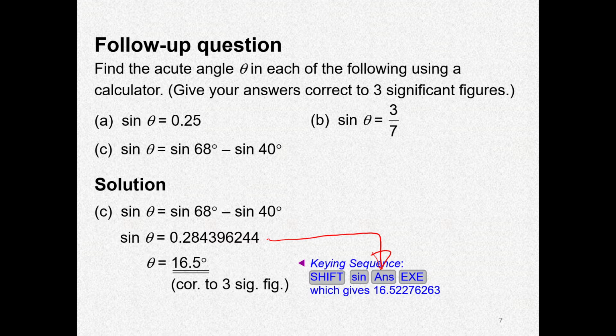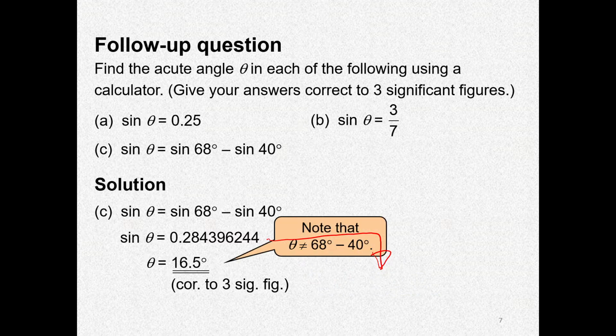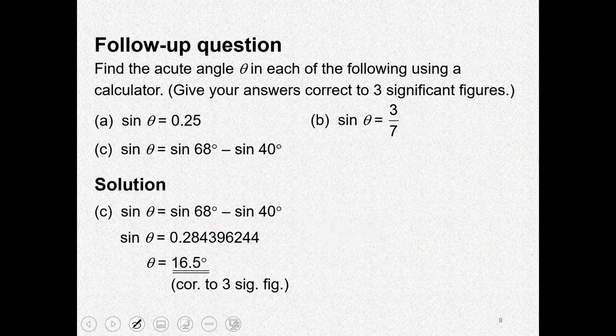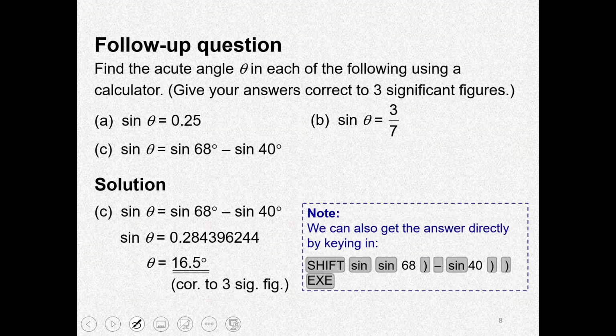So the answer for the angle will be 16.5 degrees. And bear in mind, theta is not directly equivalent to 68 degrees minus 40 degrees. Or you can try to get the answer directly by this keying sequence.